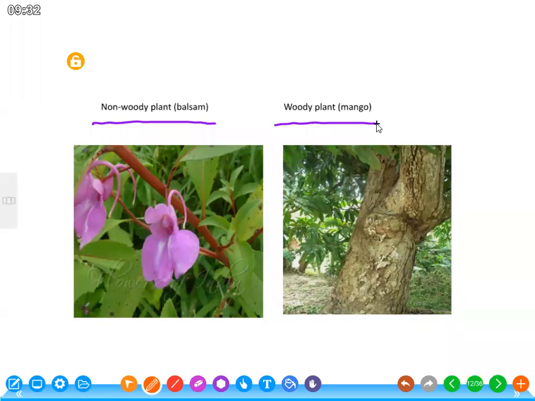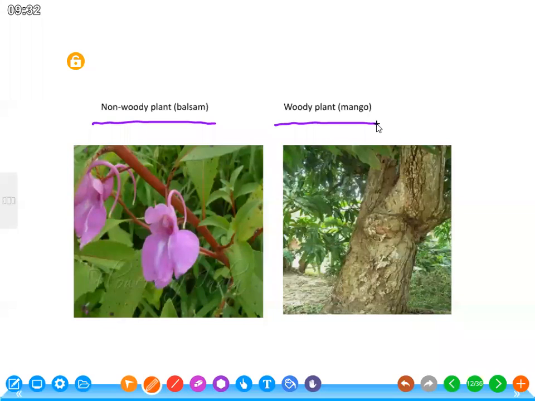The reason is lack of water supply to the plant. So here water is needed inside the plant to stay erect and alive.